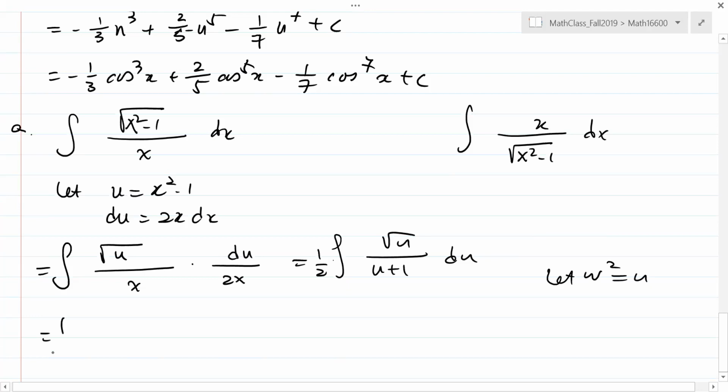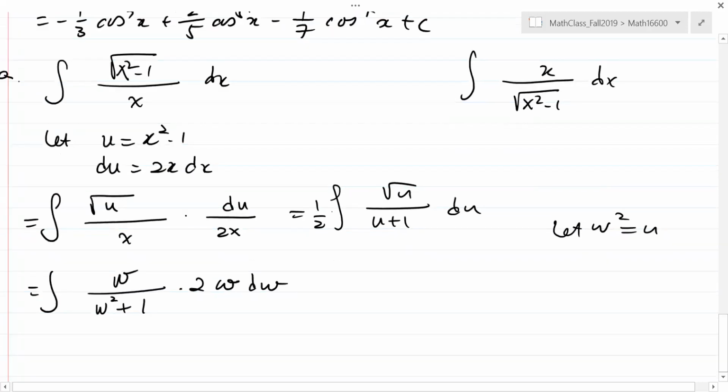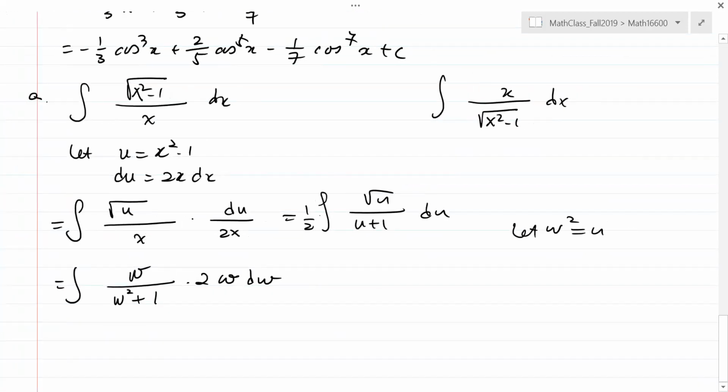And then this will be the square of w, so it's w. u is w squared. And what is du? du is 2w dw, right? Not too bad. You know, this becomes a two or three step problem, like two substitutions involved.